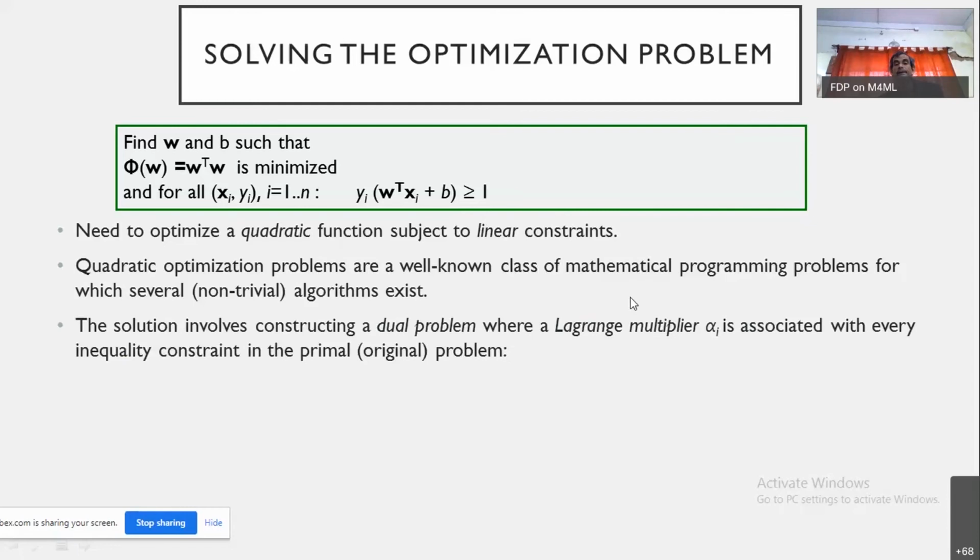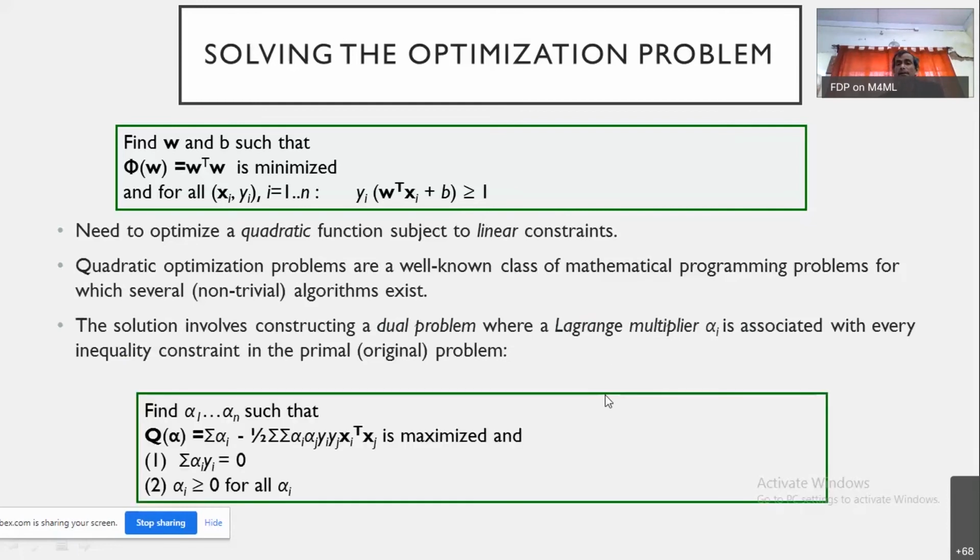It's a quadratic optimization problem that can be solved very simply using Lagrange multipliers. All mathematicians know that yes, I can solve this quadratic optimization problem with linear constraints. So SVM determination of the maximum margin classification boils down to optimization of a quadratic function subject to certain linear constraints.